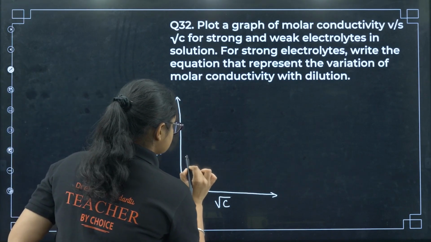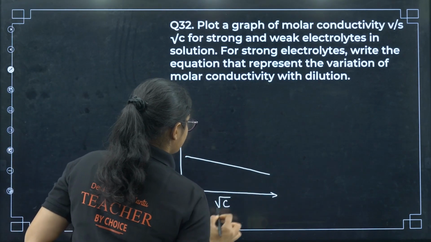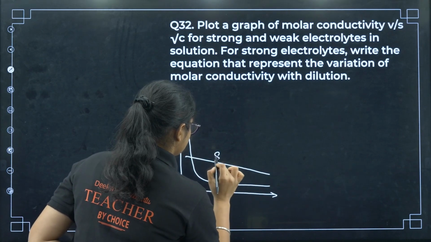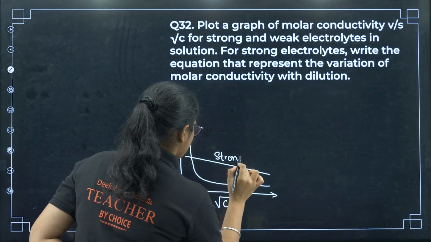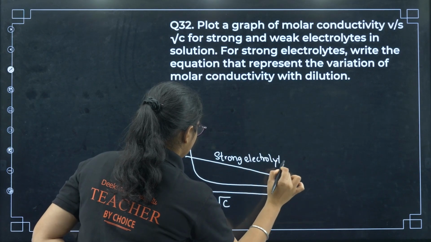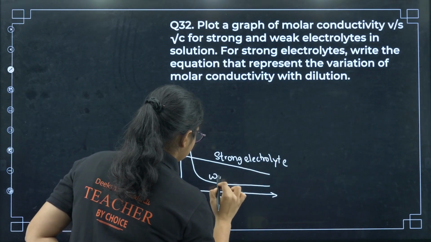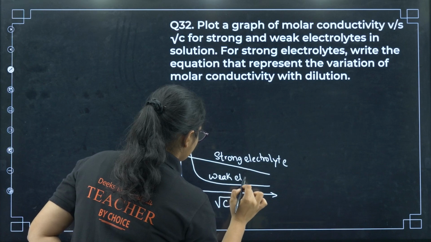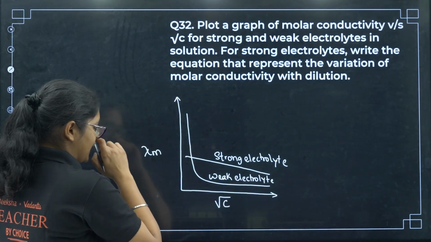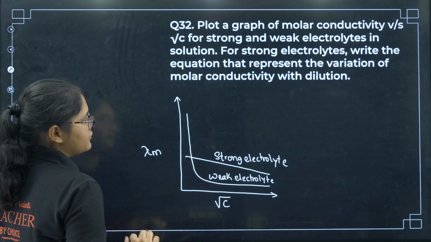So what happens? This is for strong electrolyte and this is for weak electrolyte. Okay. And yes, this is the graph you have to draw.